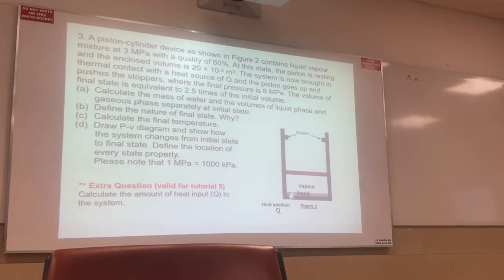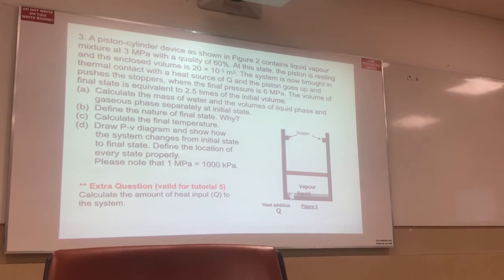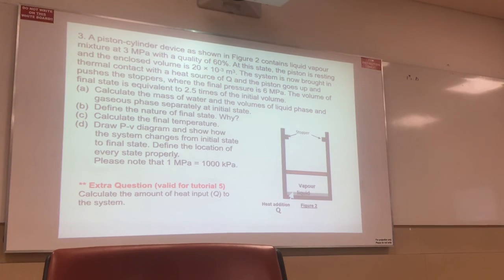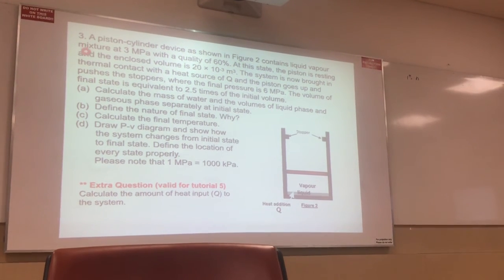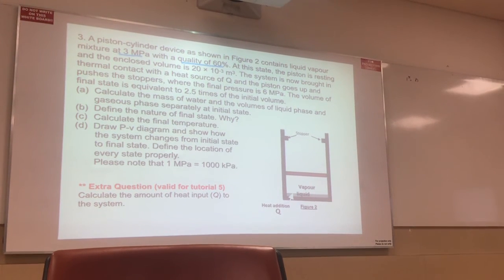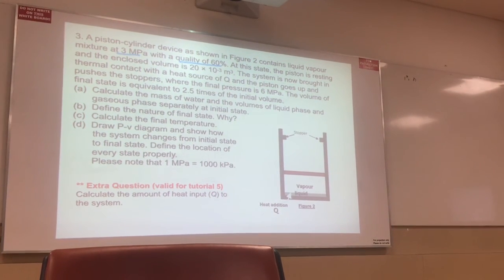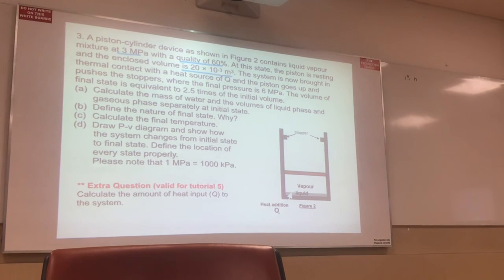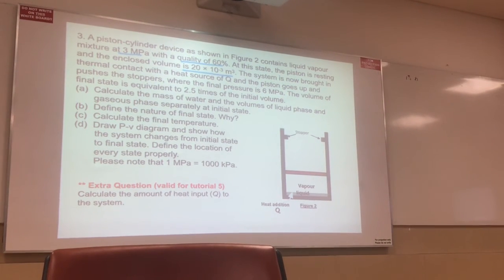Okay, so the last question. This is actually a quiz question. The piston cylinder device as shown in this figure contains a liquid vapor mixture at 3 megapascal with a quality of 60%. At this stage, the piston is resting and the enclosed volume is 20 times 10 power minus 3 cubic meter.